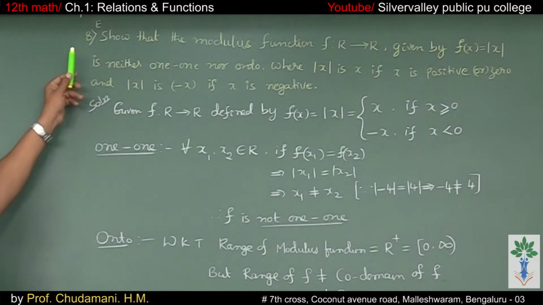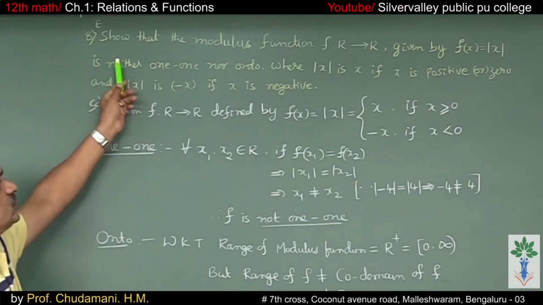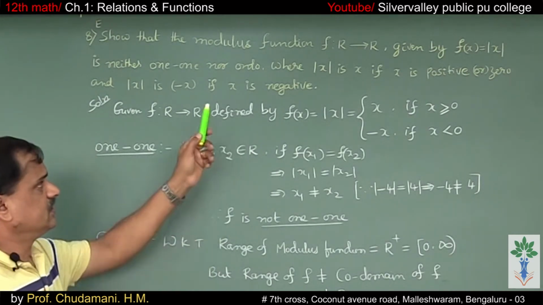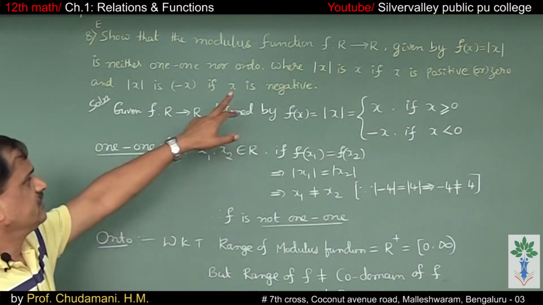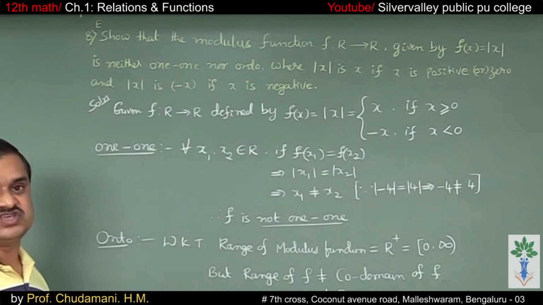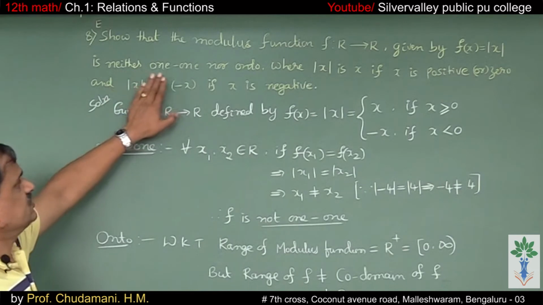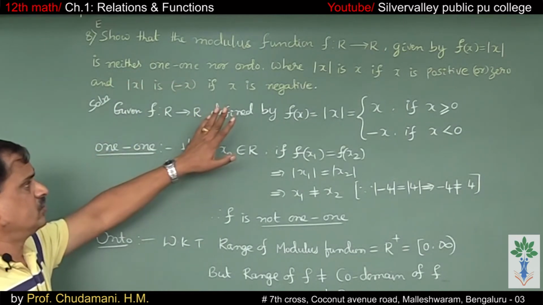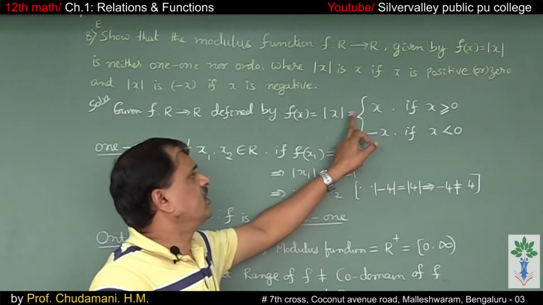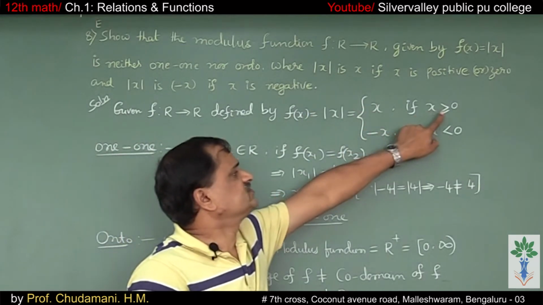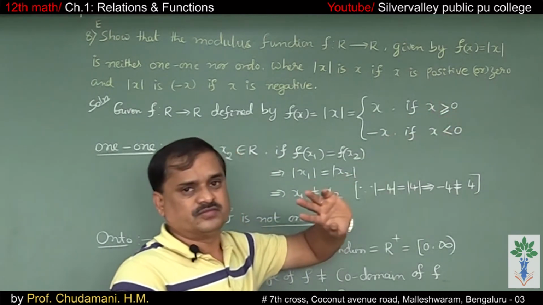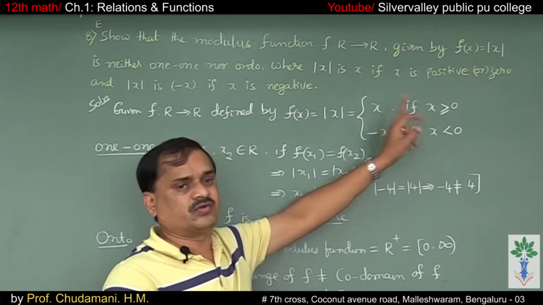Eighth one, an exercise problem again. Show that the modulus function f from R to R defined by f of x is equal to mod x is neither 1-1 nor onto, where mod x is plus x if x is greater than 0, that is positive, or equal to 0.